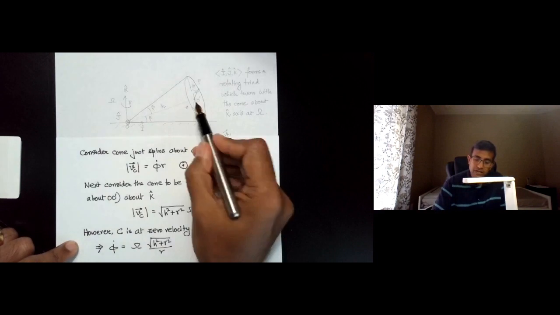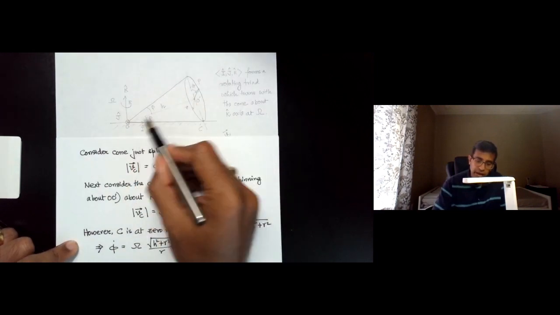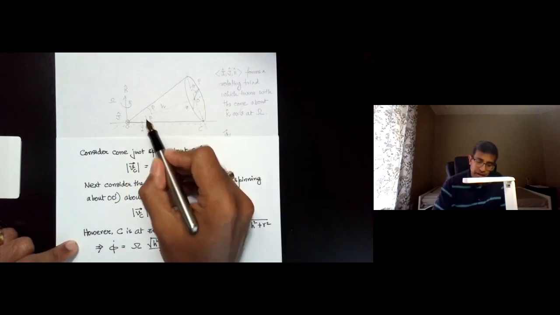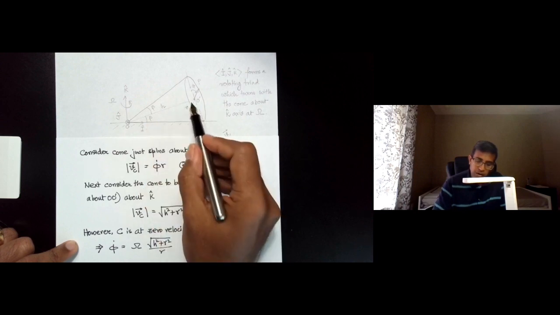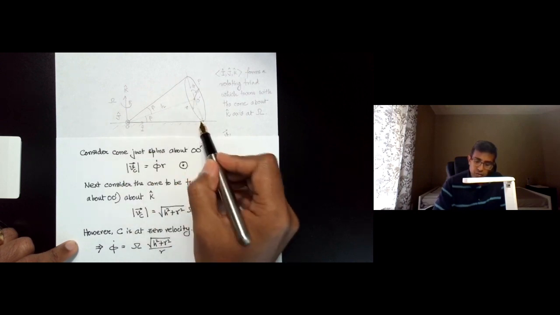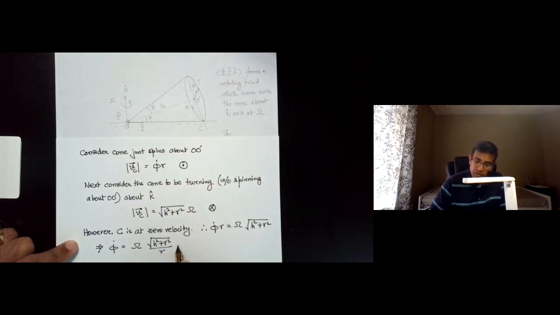Now if you consider this right triangle formed by h, r with an angle beta, then what is r divided by the square root h squared plus r squared? Well, that is sine beta, so you have omega divided by sine beta. And so here you have an expression then that phi dot is omega divided by sine beta.